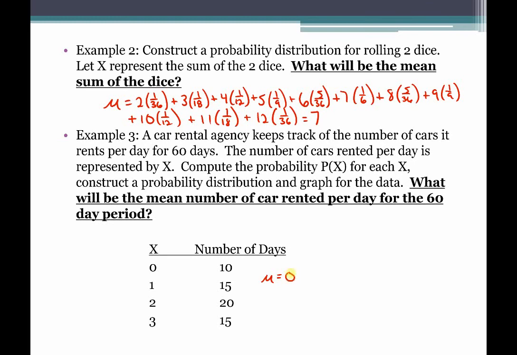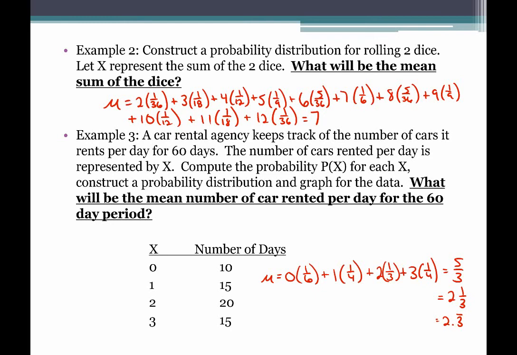If you don't want to simplify your fractions, if you want to leave it like 10 out of 60, you sure can. Or 15 out of 60, you can. So try it out.